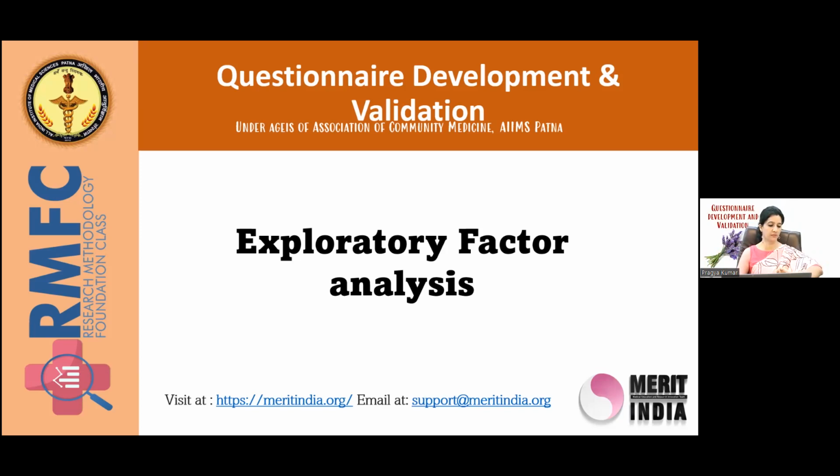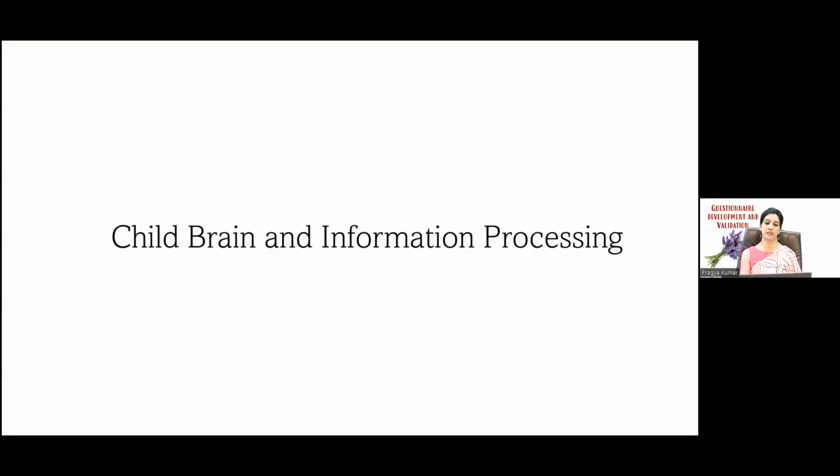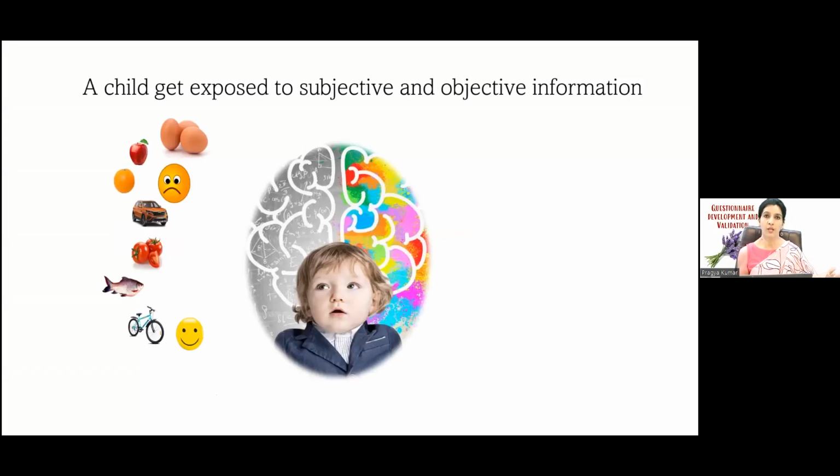So I think it's 4 now, so it's high time we should start with the exploratory factor analysis. Now we discussed this mental mapping and response yesterday also. Whenever a child is born, the brain is very new and no information is registered in it. The overall processing of information happens when the child gets exposure. Maybe in this case the child is exposed to an egg.